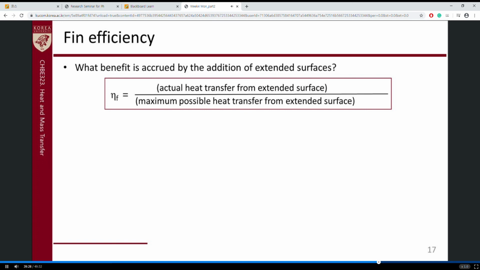Fin efficiency is the actual heat transfer from the extended surface divided by the maximum possible heat transfer from the extended surface, which means in ideal cases, all the actual heat transfer from the extended surface can be the maximum possible heat transfer, right? There's no loss. But in an actual fin, there might be transfer loss, right? So that's the fin efficiency, okay?